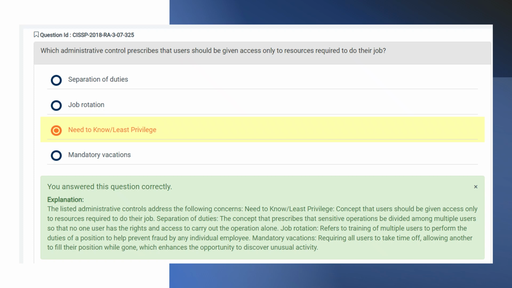Job rotation refers to training of multiple users to perform the duties of a position to help prevent fraud by any individual employee. And mandatory vacations is requiring all users to take time off, allowing another to fill their position while gone, which enhances the opportunity to discover unusual activity.